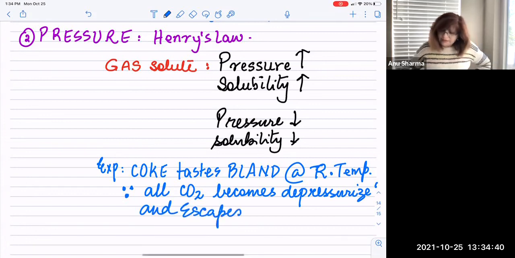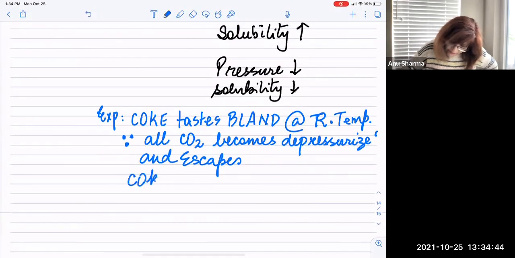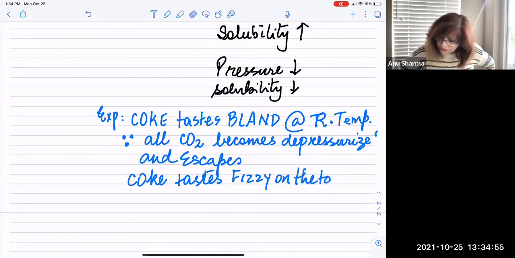That is why it tastes bland. But Coke tastes fizzy on the tongue, fizzy in the mouth. Why?